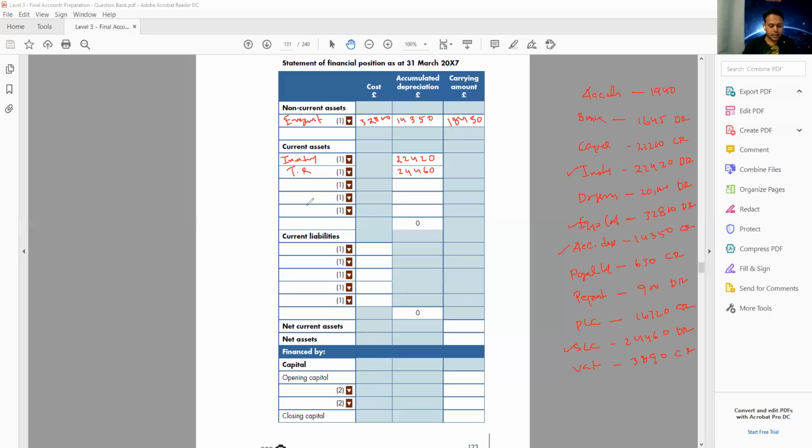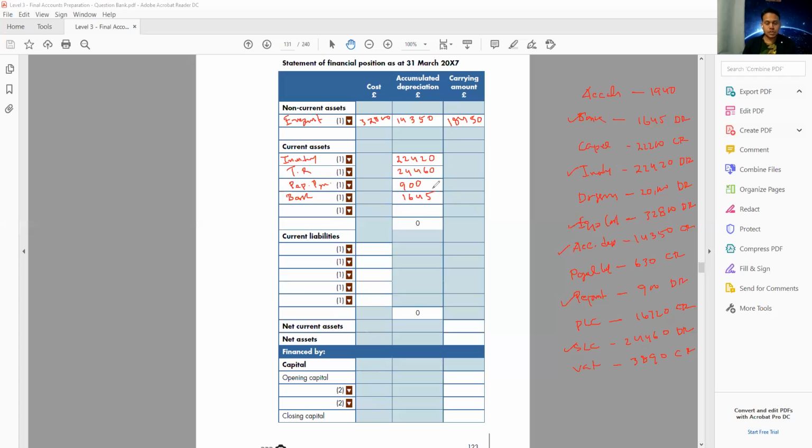Then we have prepayment. Prepayment we have 900. And then we have bank. Bank we have 1645. That's it.